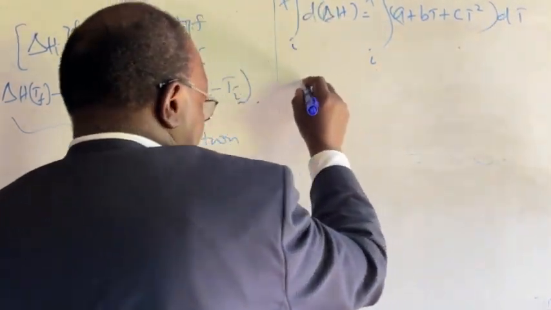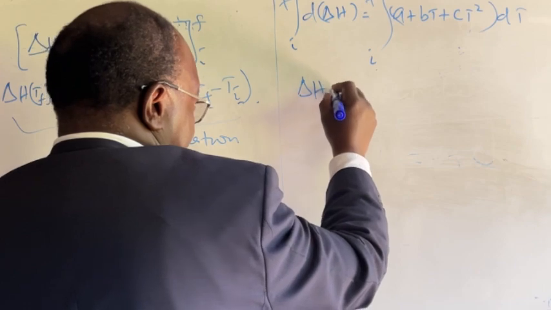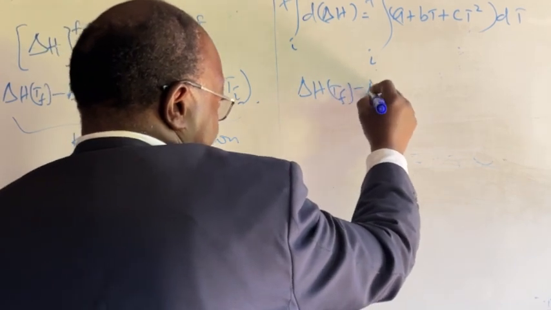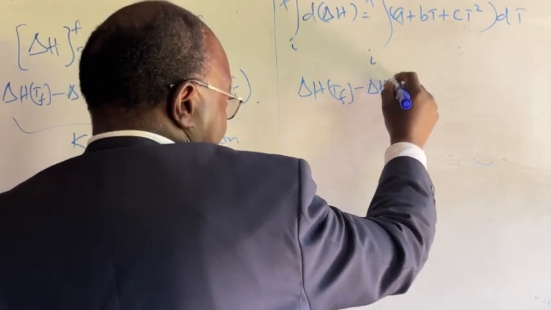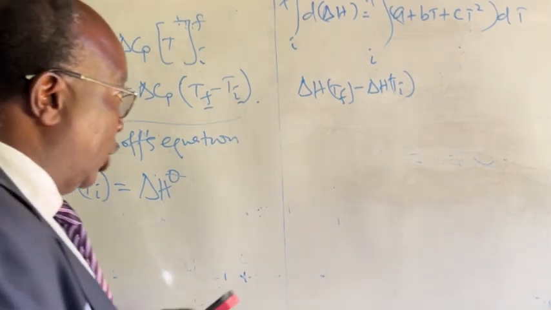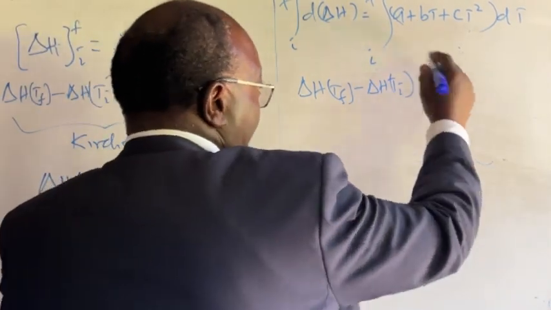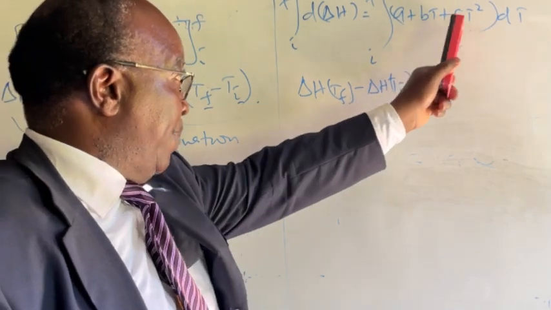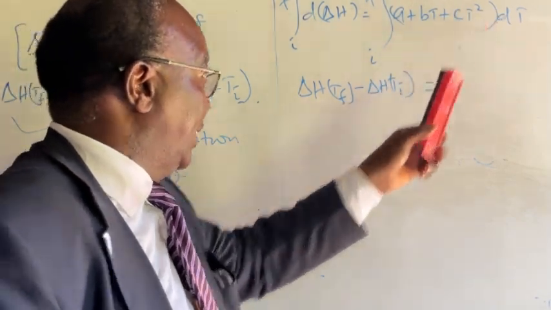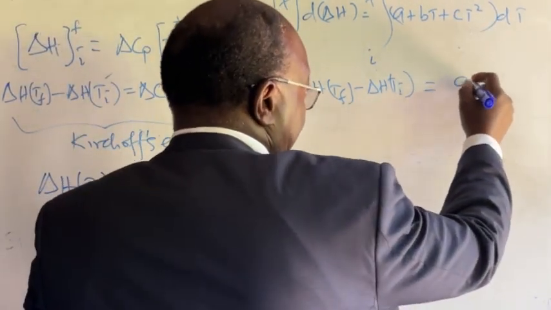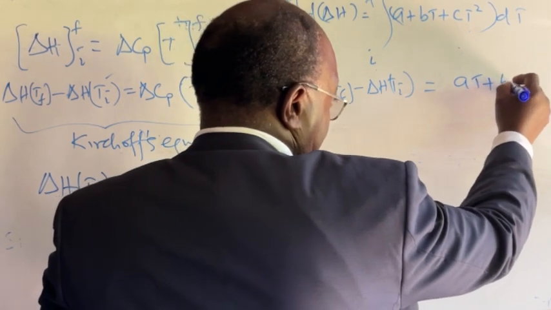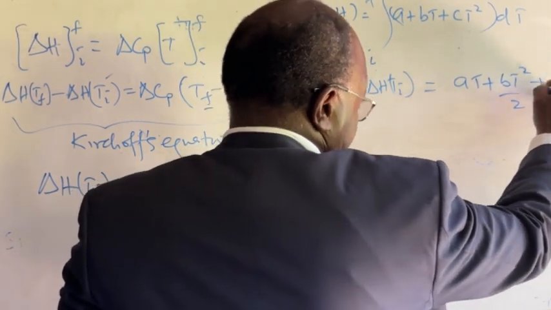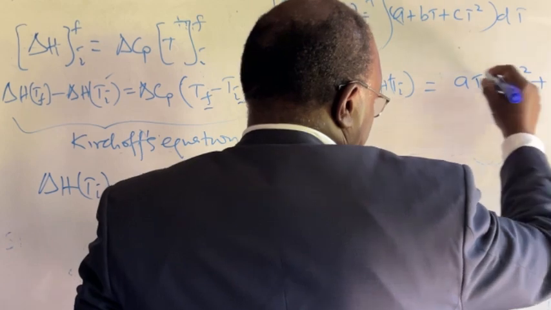So integrating these quantities, we get again delta H at Tf minus delta H at Ti is equal to the integral of A dT plus the integral of BT dT plus the integral of CT squared dT. So all that will come to AT plus BT squared over 2 plus CT cubed over 3.